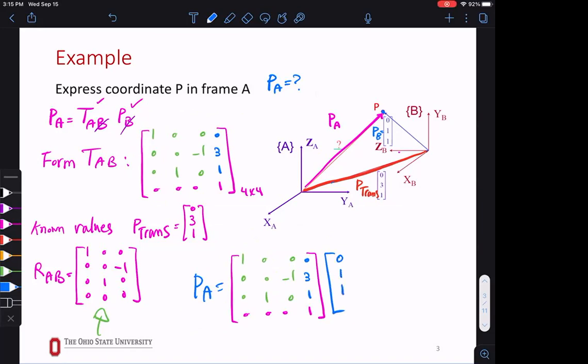This is 3 by 1. We need it to be 4 by 1, so I will augment it by 1 because it is a position. You will get 0, 2, 2, 1. Now, this is not quite PA, right? PA is 0, 2, 2.